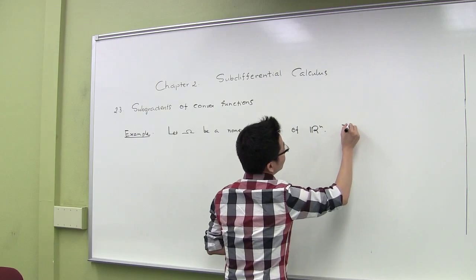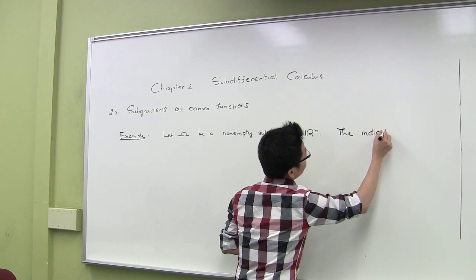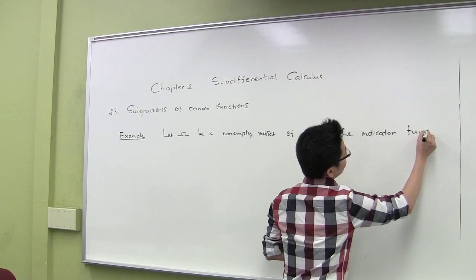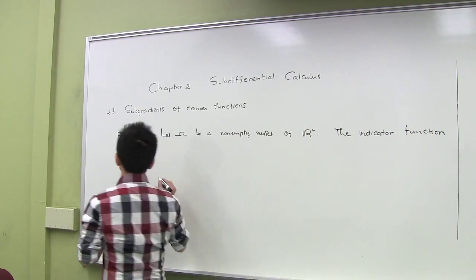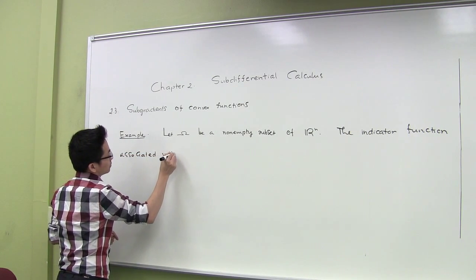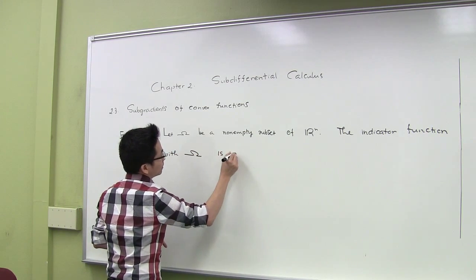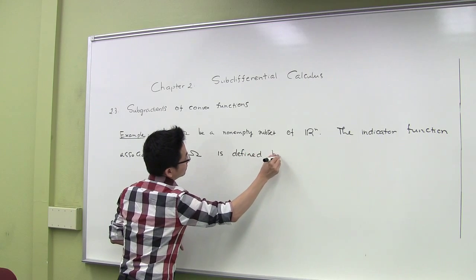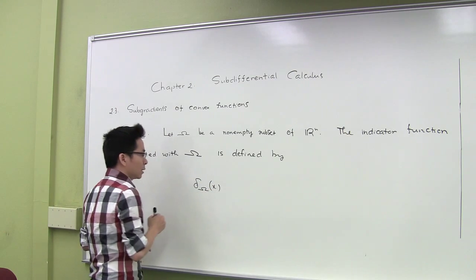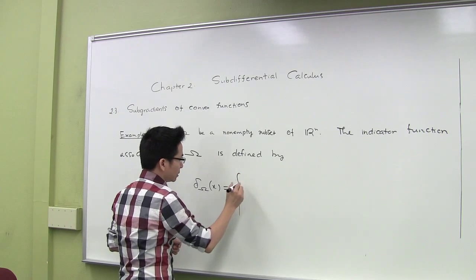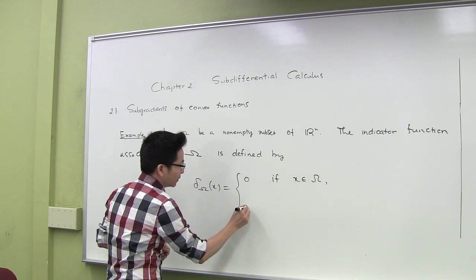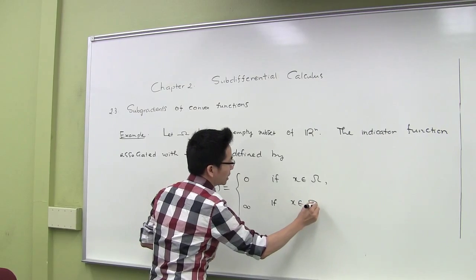The indicator function associated with omega is defined by: the indicator function of x is 0 if x is in omega, and it is infinity if x does not belong to omega.